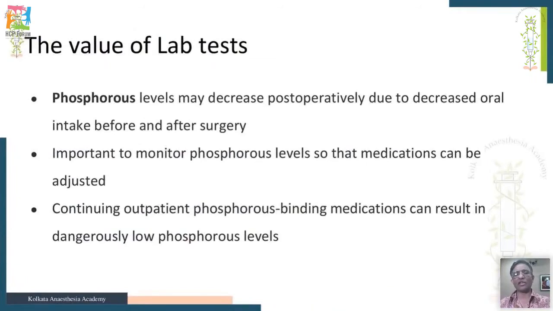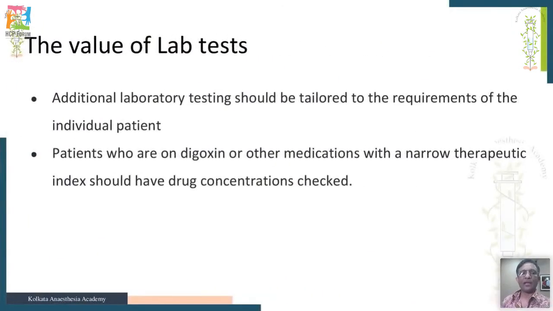Phosphorus, the nephrologists are very, very particular about it, because the way of managing the dialysis is greatly dictated by that. I am not very sure as to how much of implication it has for us.